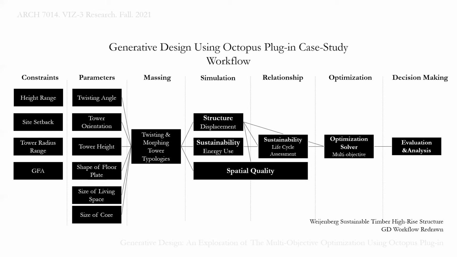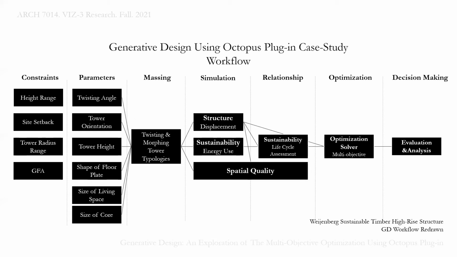So here comes the generative design optimization solver, which could be Octopus in here. It could be Galapagos. I will talk about this later on, but not in this case since we have more than one objective.